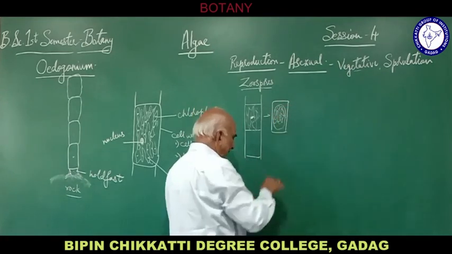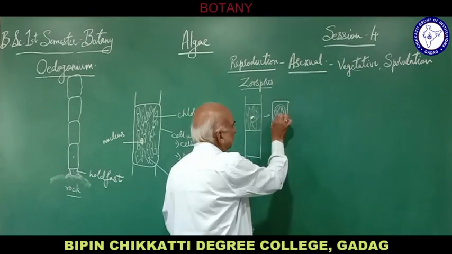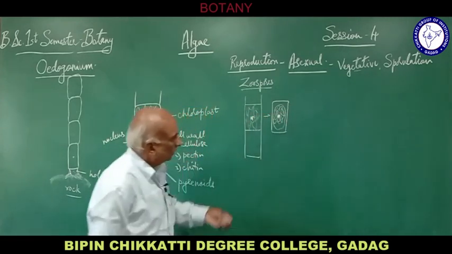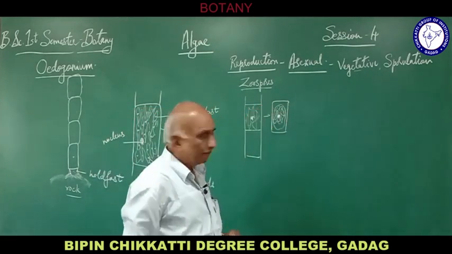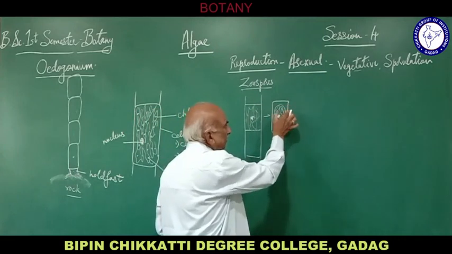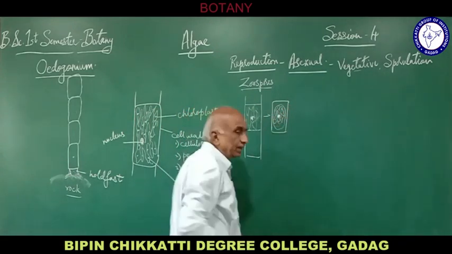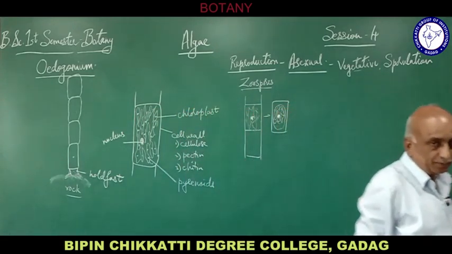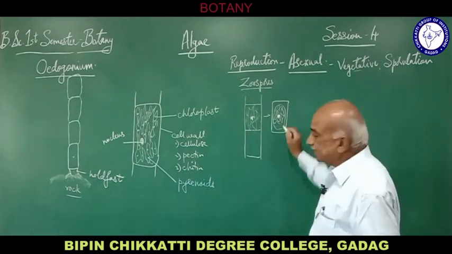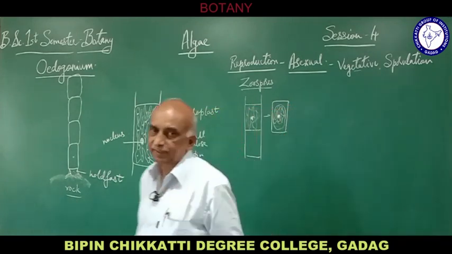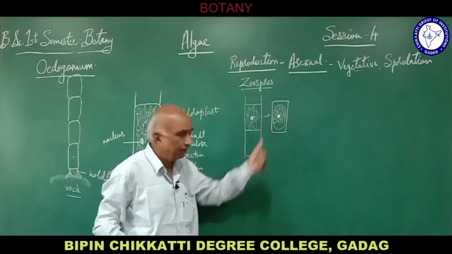A clear area develops at one end. This is the nucleus and this is the zoospore. This colorless area is called a hyaline area, and at this end there are numerous granules arranged inside the cell.